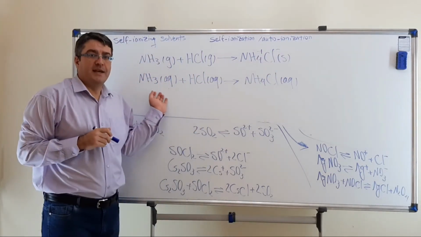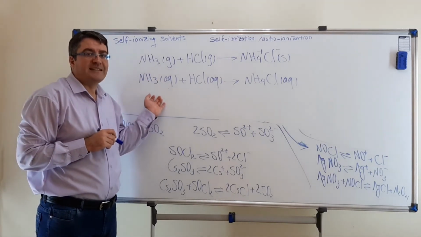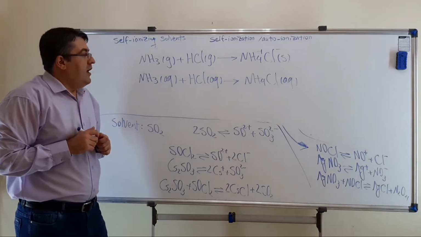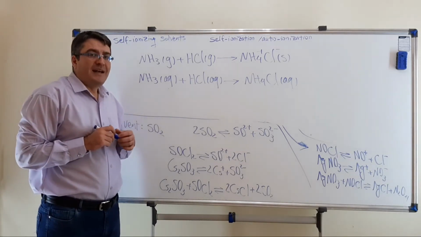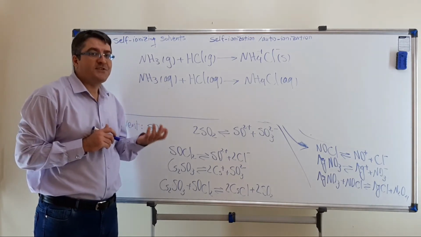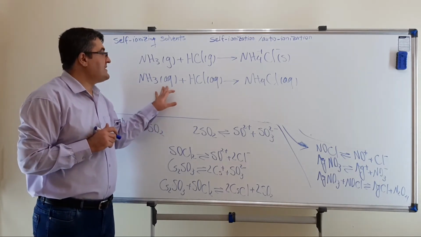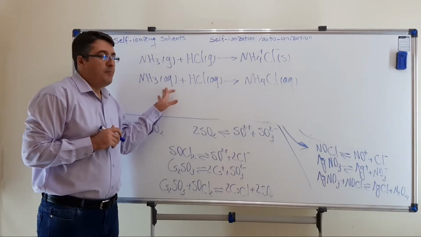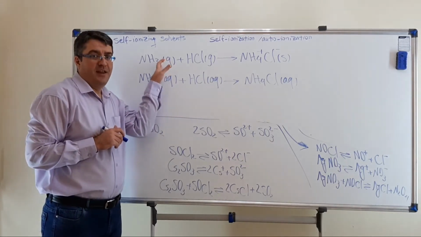By common sense, both of these reactions are acid-base reactions. Solvent system acid-base theory considers acids and bases in solvents. So solvent system acid-base theory includes this reaction, but excludes this reaction.